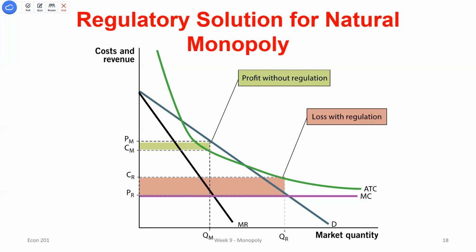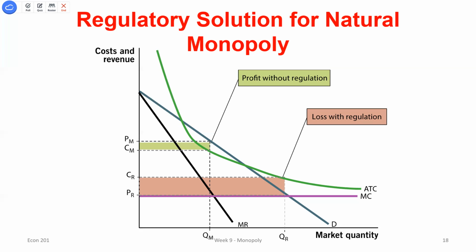So we've got this constant marginal cost curve. We also know marginal revenue will be twice as steep as our demand curve. And we've got average total costs looking something like this.